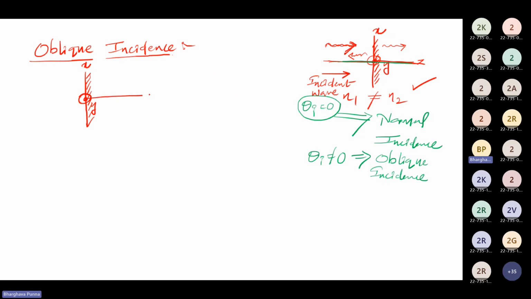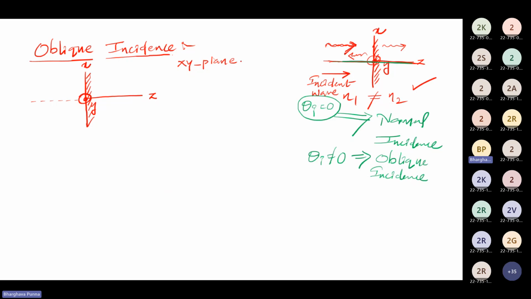So this is the boundary we have taken. Now some new terminology will be coming, so you should be careful to understand that one. Without understanding the terminology, you can't understand this particular topic.